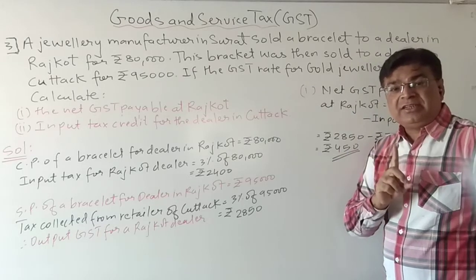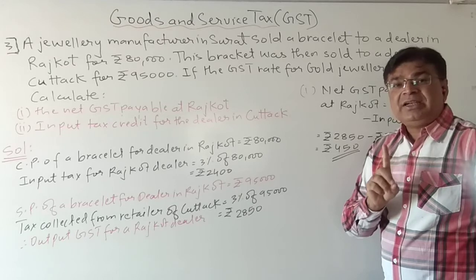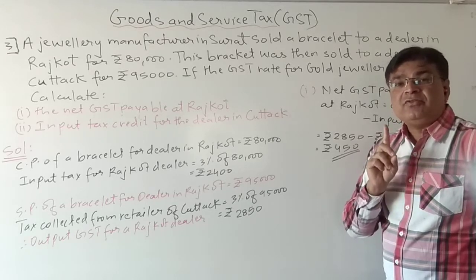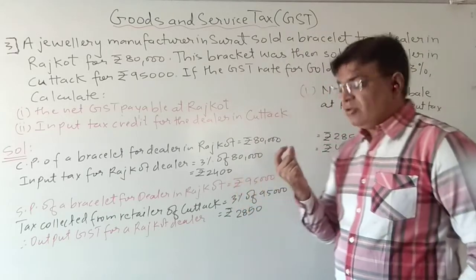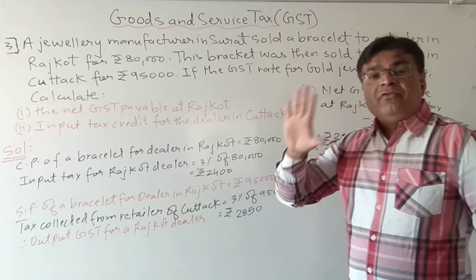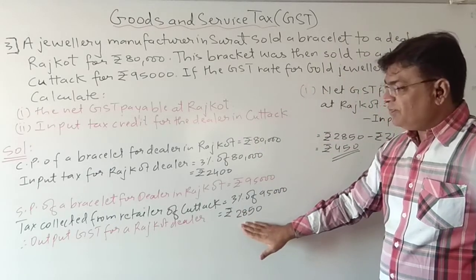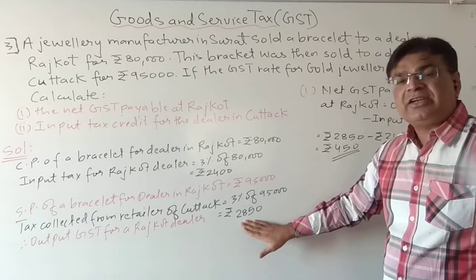And students, always remember that the government is not getting any loss. Okay, see, the government has to collect how many rupees? The government has to collect 2,850. Who is the end user over here? This dealer at Cuttack.